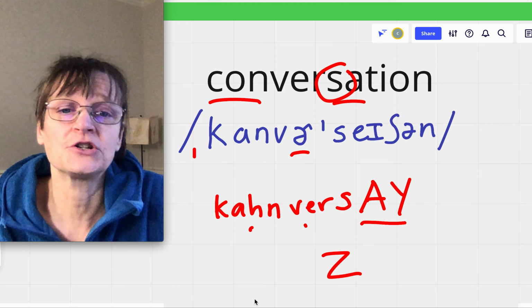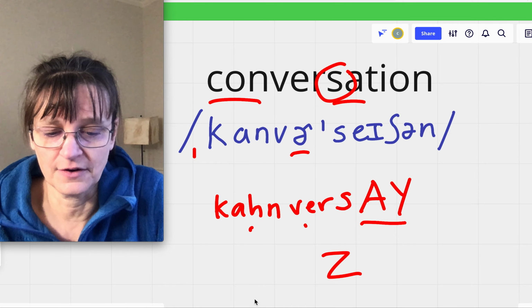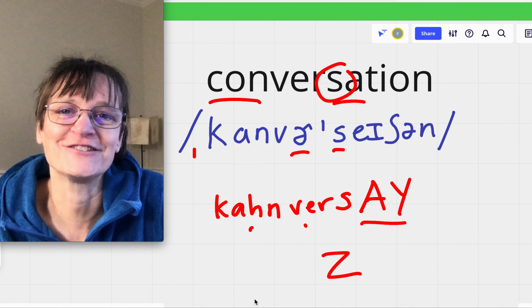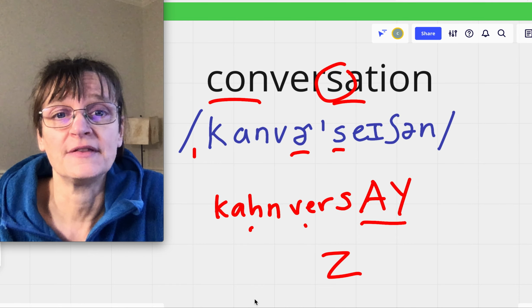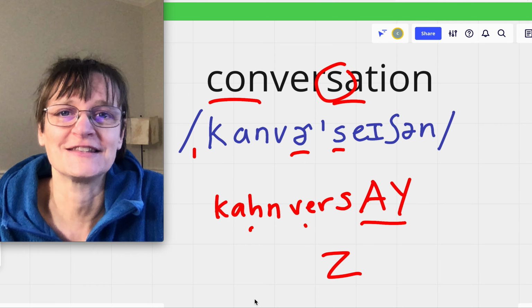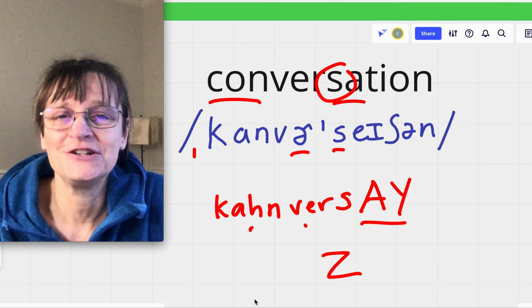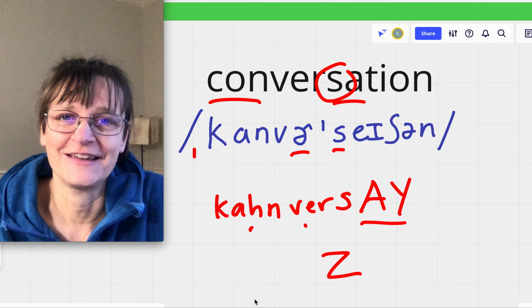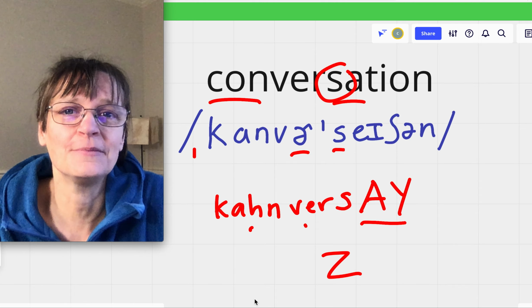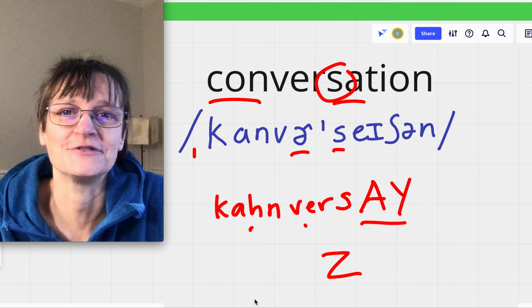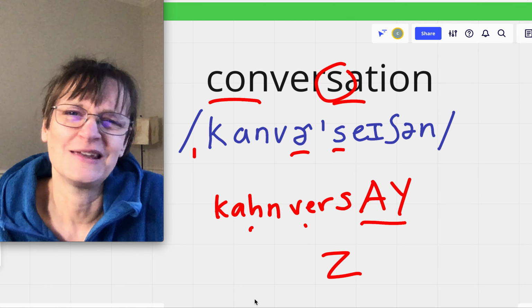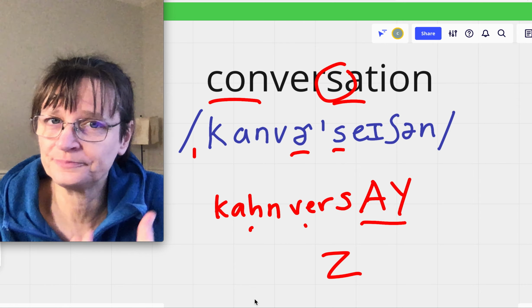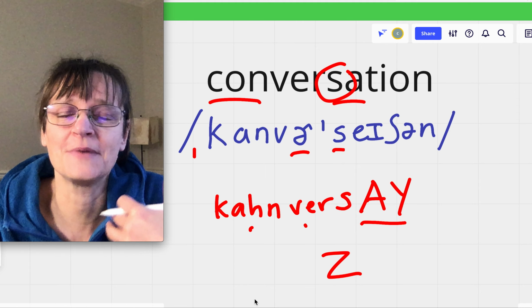When I look in the dictionary, I'll see that there is the symbol S if the letter says the S sound, and there will be the symbol Z if the letter says the Z sound. So not only do we need to watch for that for letter S at the ends of words, but also in the middle, making sure that we know whether it's an S or Z. Again, as I said in the beginning, if I say conversation, people will know what I'm saying.